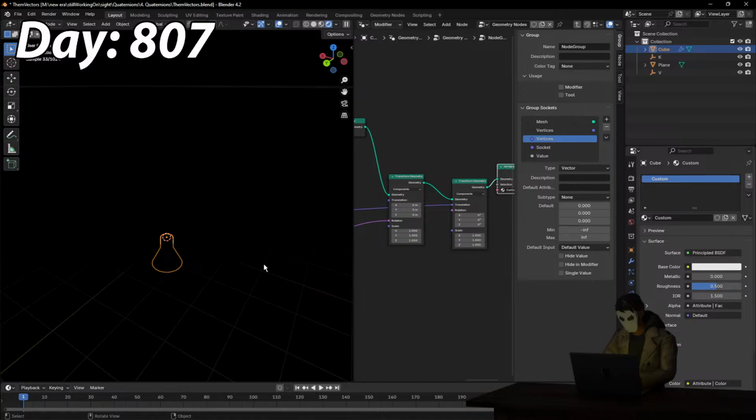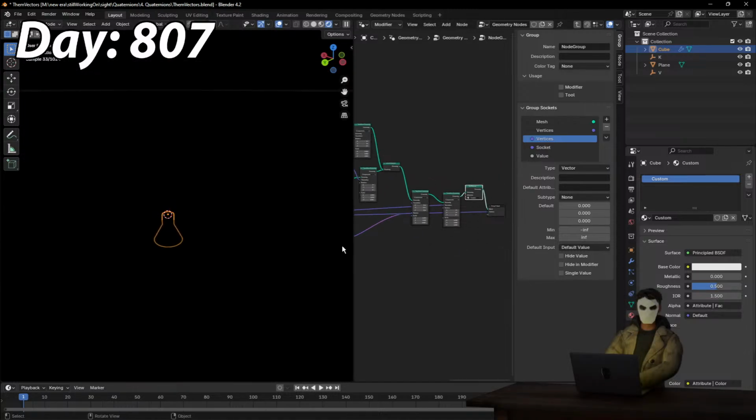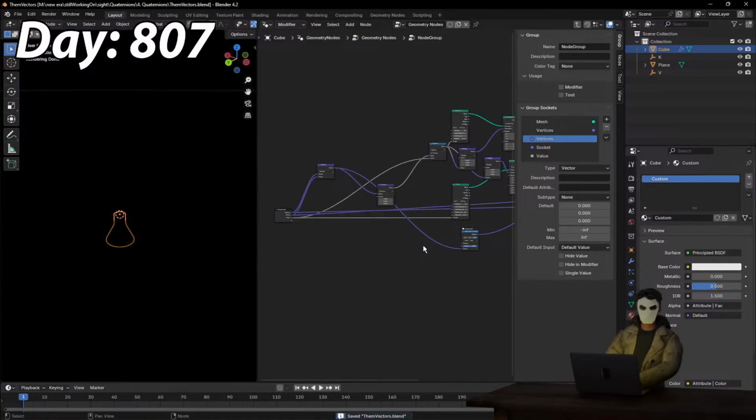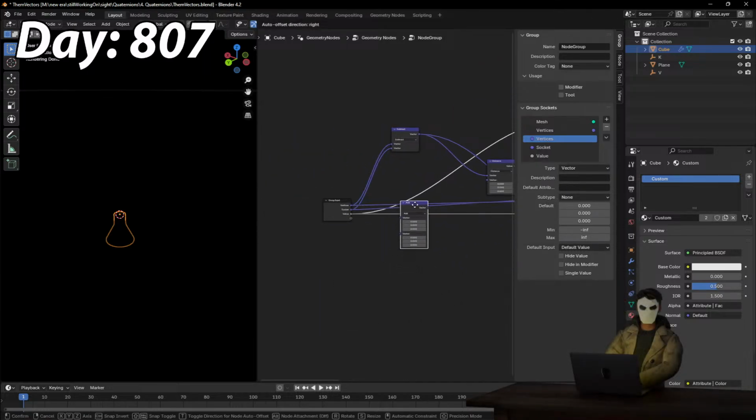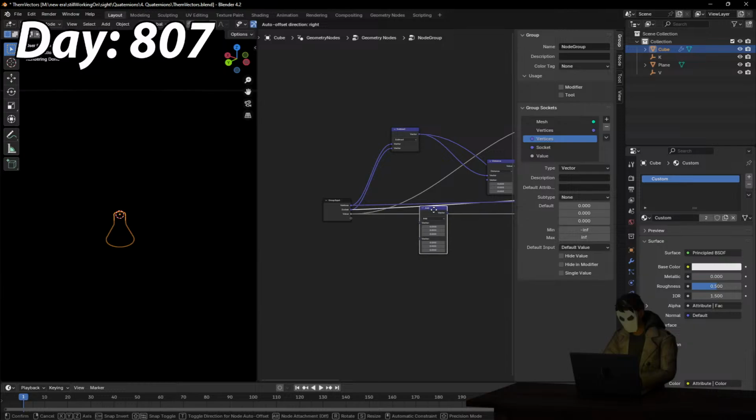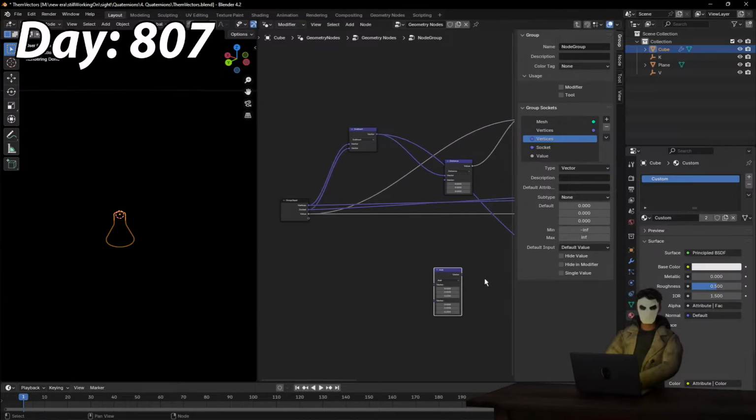And the reason why we've set custom is because now we have the original point, we have the second point. What do we want next? We'd like to add an offset, I imagine. Vector math add to both of them at the end.